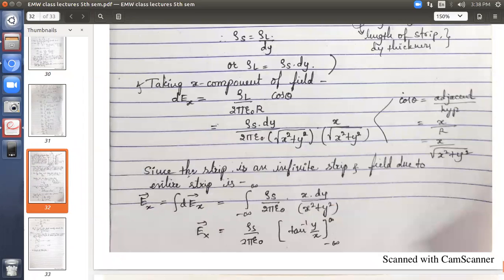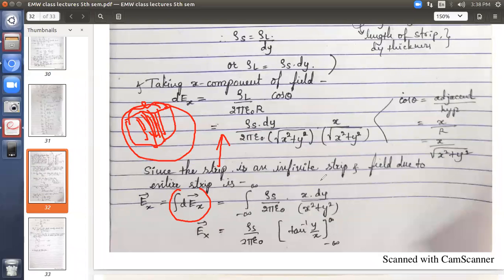Now, as I told you, if you are considering a sheet, one strip you have considered, but there are many such strips in the sheet which together make a single sheet. That's why, to get the overall field, we should integrate the above equation to get the complete sheet electric field.